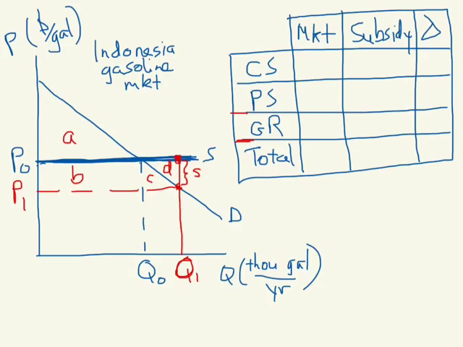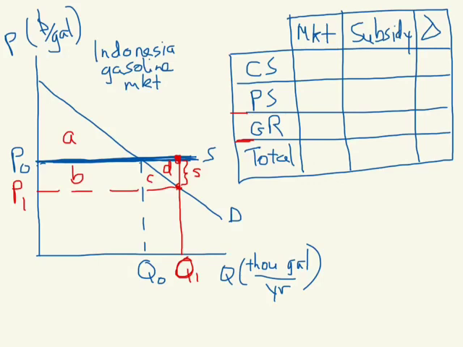With a subsidy, when the government has to spend money, we count government revenue as a negative, because the government is going to have to collect money from its citizenry elsewhere, and that's going to reduce the citizenry's ability to buy their own goods and services because they've transferred that money to the government in taxes. When a government pays out money for a subsidy, we count that as a negative.